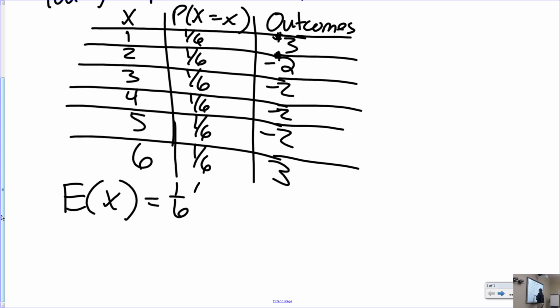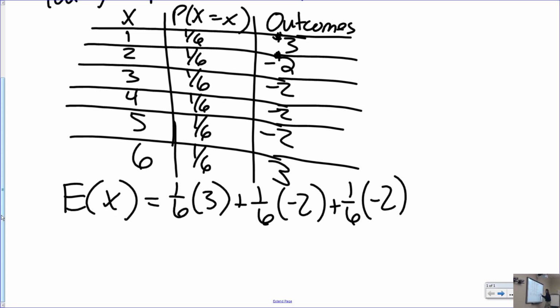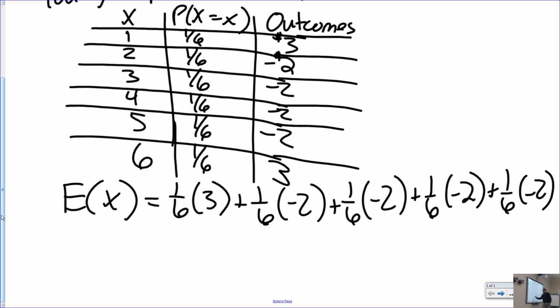So 1/6 times 3 plus 1/6 times -2 plus 1/6 times -2 plus etc. down the line, right? Do it for each number. Do I have enough of those? One more. I need one more 1/6. That's a 3, I swear.